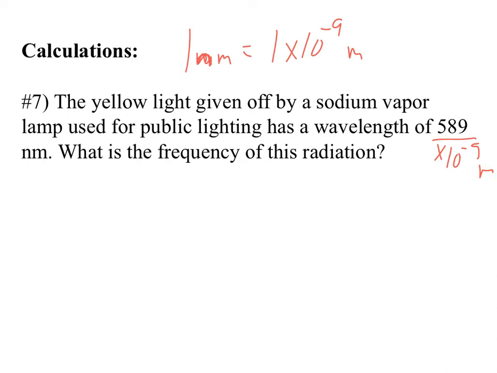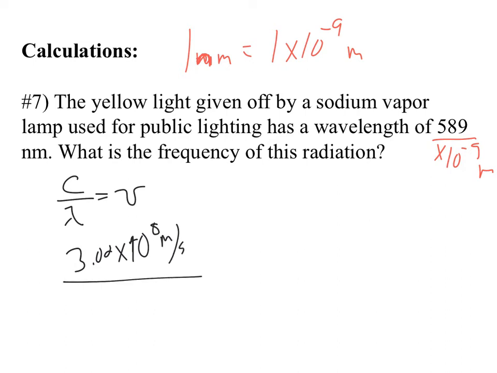You don't have to move the decimal point because you're going to plug it into your calculator anyway, and your calculator will take care of adjusting that when you get your answer. So the speed of light divided by the wavelength is going to give us the frequency. So 3.00 times 10 to the 8th meters per second divided by the wavelength, which is 589 times 10 to the negative 9th meters.